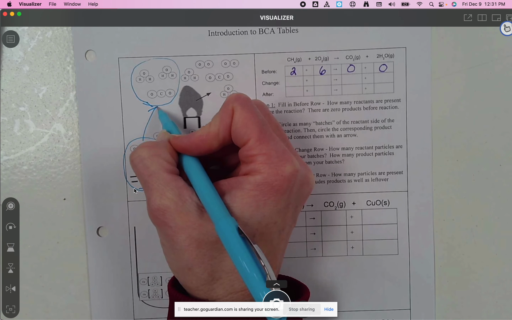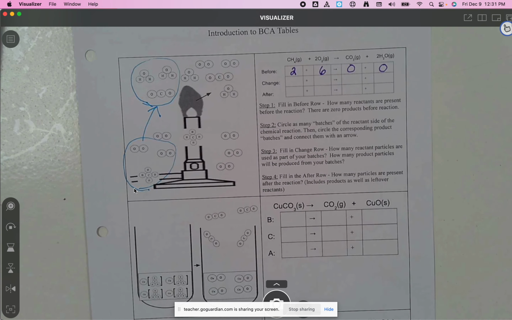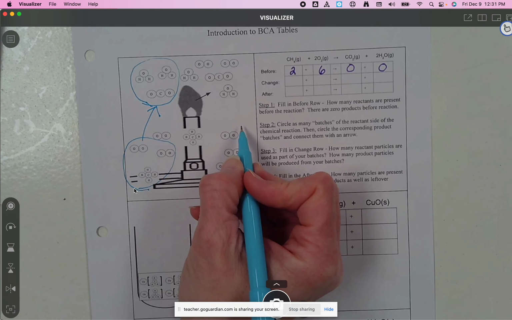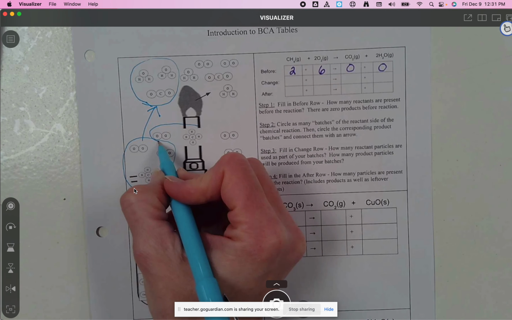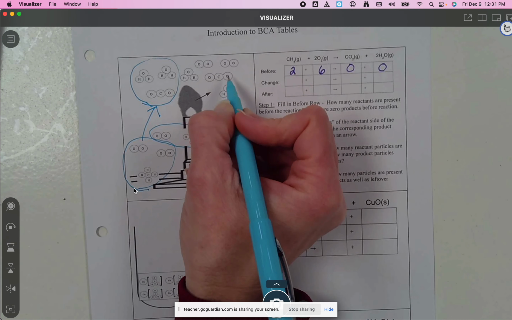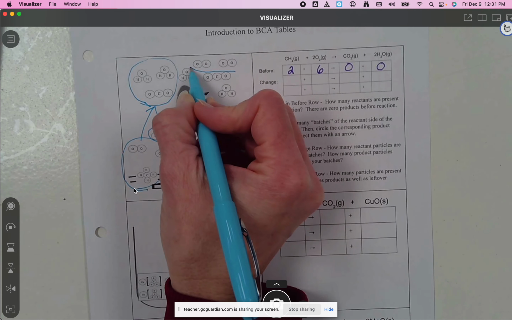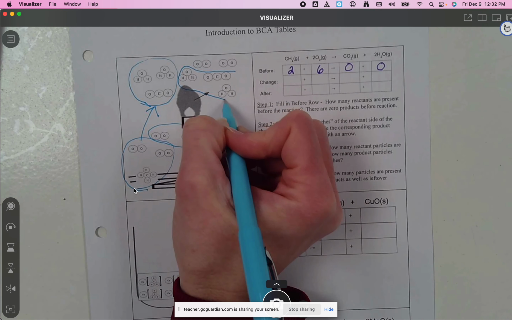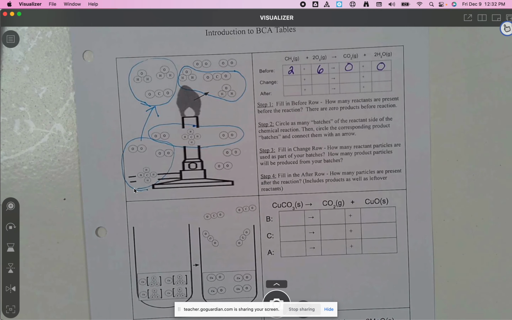All right. So just follow the recipe. And then do it again. Take 1 methane and 2 O2s, and that spits out 1 carbon dioxide and 2 water molecules.